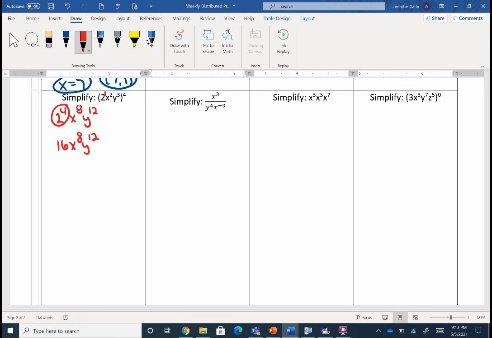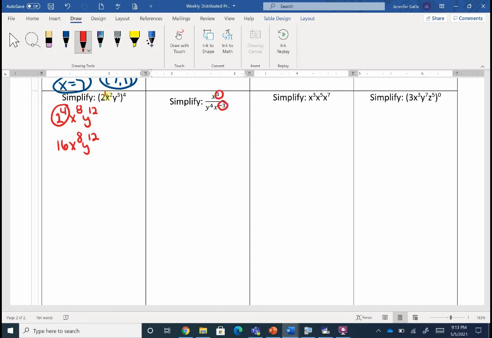In the second question of this last row, we are dividing. We have our quotient property. For our quotient property, we subtract our numerator or top exponent minus our denominator or bottom exponent. So I have an x in the numerator, x in the denominator. So I'm going to subtract these two exponents.